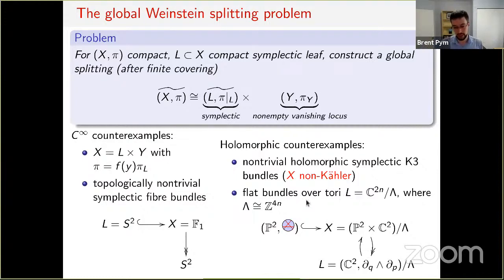And in the second example, the key feature that you're using is the fact that the fundamental group of this symplectic leaf L is actually infinite. Okay. So anyway, these are many counterexamples to the global splitting theorem, but what we realized is actually that these red points are the only obstructions in the holomorphic setting.